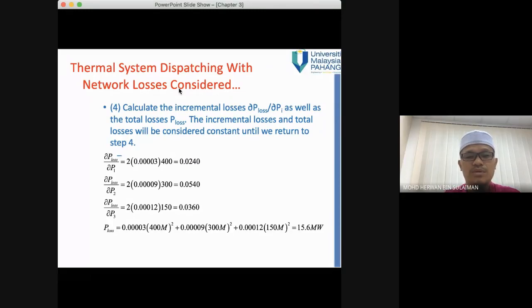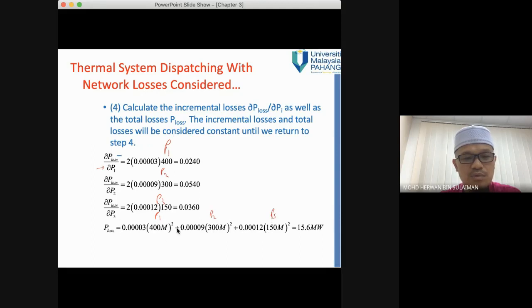Since we know the incremental P loss, dP loss over dPi, and we already know our P1, P2, P3, from here we know dP loss with respect to the power, and we also know the initial values P1, P2, P3.